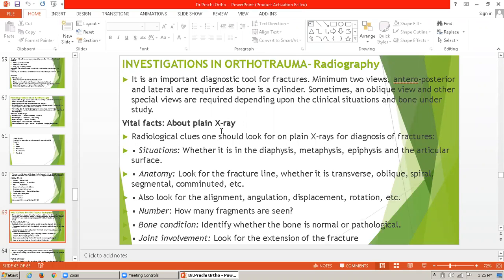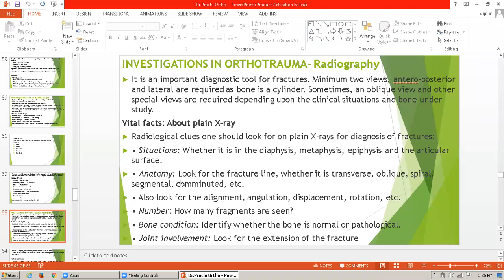Then, a vital fact about the plain X-ray is the radiological clues one should look for for the diagnosis of a fracture. First, the situation, whether it is in the diaphysis, metaphysis, epiphysis, or the articular surface.